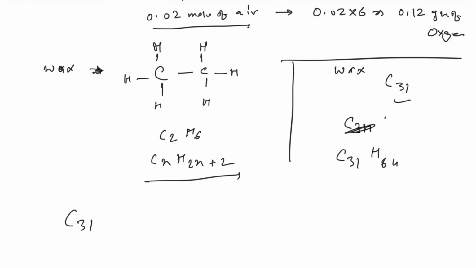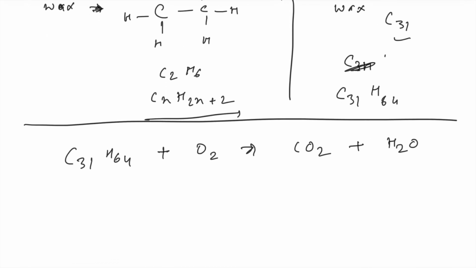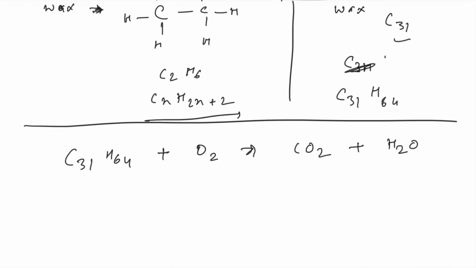So this hydrocarbon, if burnt in the presence of O2, will make CO2 plus H2O, the basic alkane property in oxygenation. Now we have to balance this. So 31 for the carbon part, and then hydrogen 32.